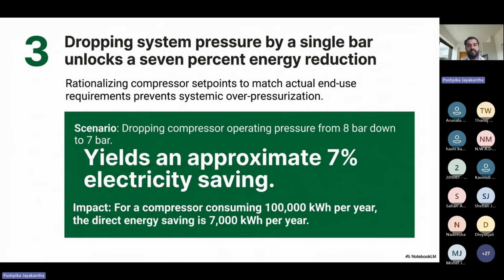So again, there's one example. If a compressor operates at 8 bar pressure and reducing that pressure to 7 bar can reduce the energy consumption by approximately 7%. So if the compressor consumes 100,000 kilowatt hours per year, then you can save 7,000 kilowatt hours per year by pressure optimization.